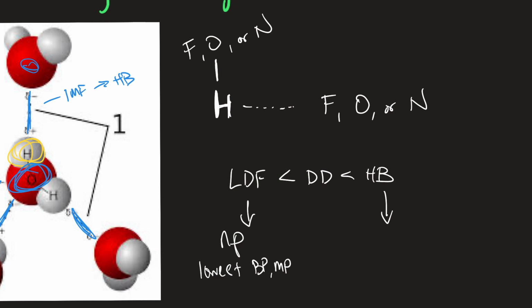These polar molecules tend to have higher boiling and melting points. This is why water in particular has a high melting point and high boiling point compared to other molecules of roughly the same size as water molecules. And so these are intermolecular forces.